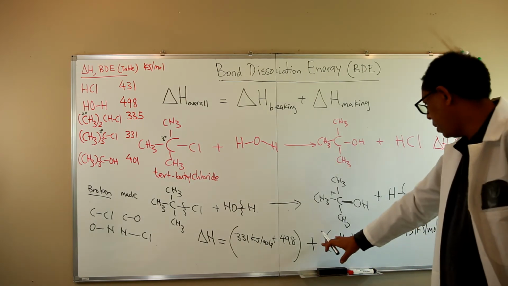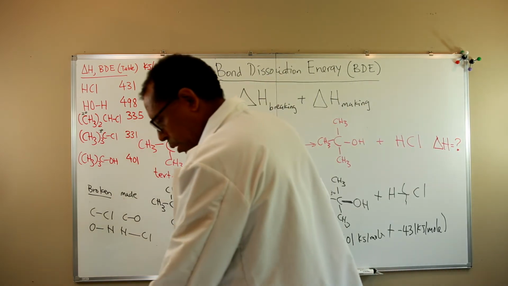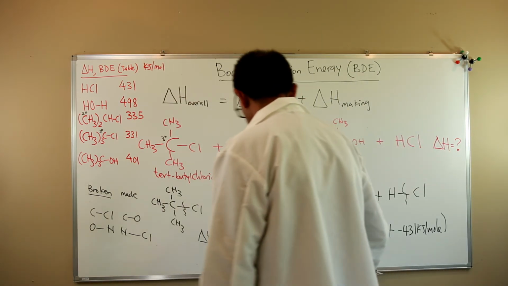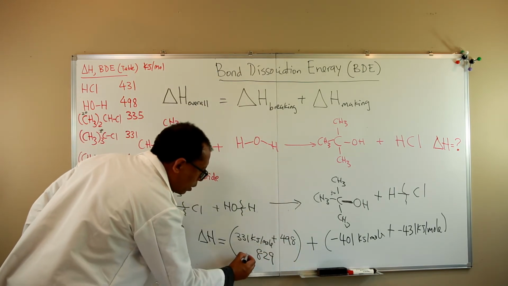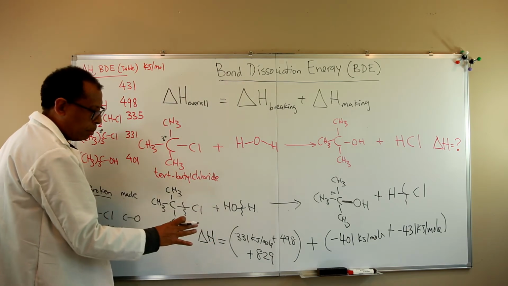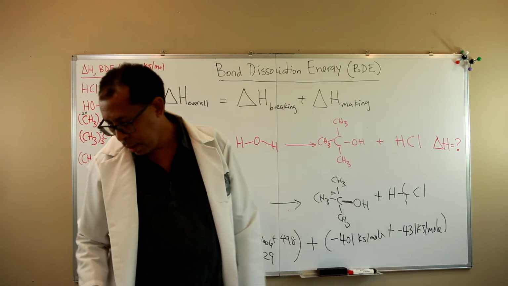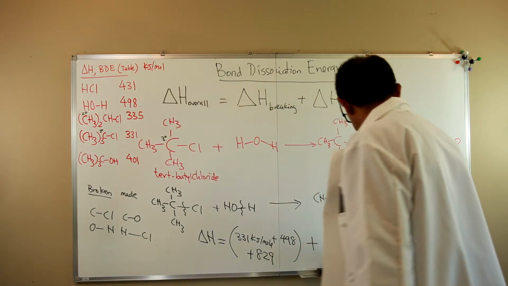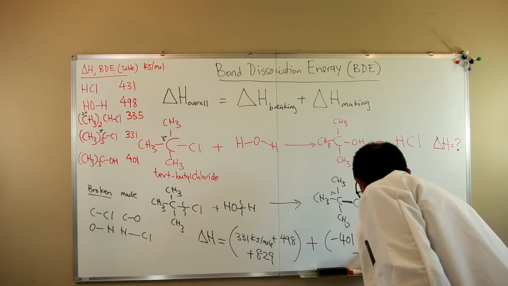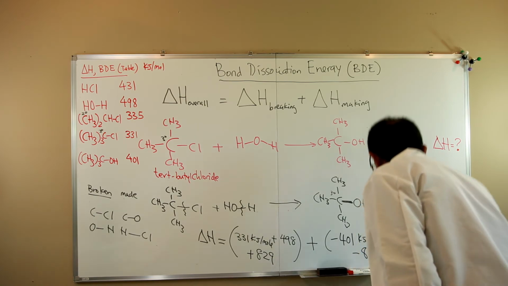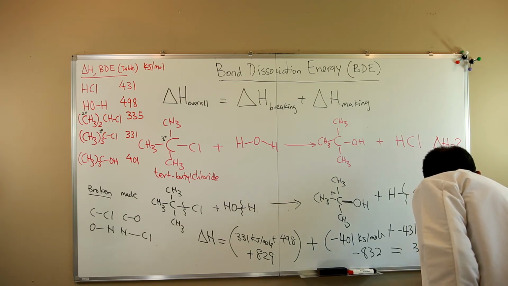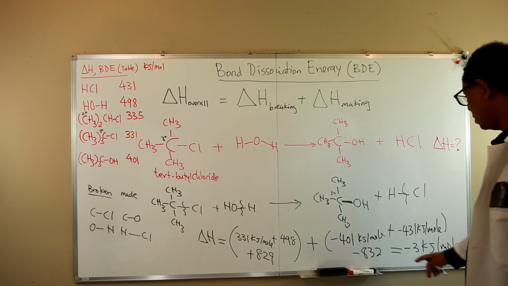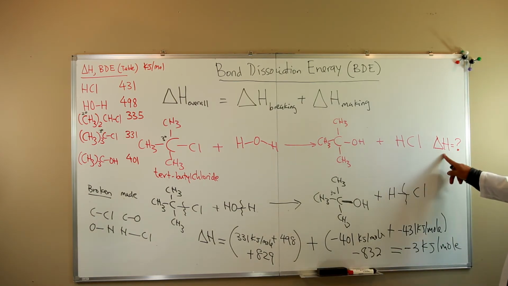When you add up everything, 829 is the positive value for bonds that are broken, and the bond made is minus 832. So overall we have 3 kilojoules per mole as negative. The net enthalpy delta H is negative 3 kilojoules per mole.